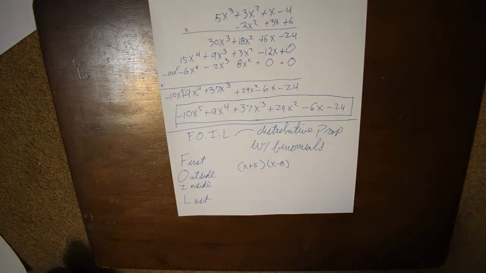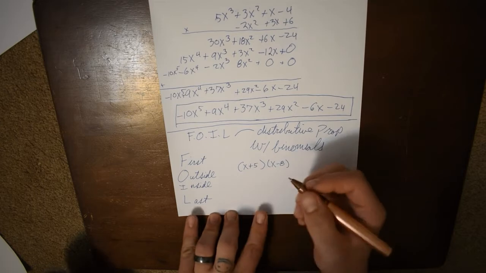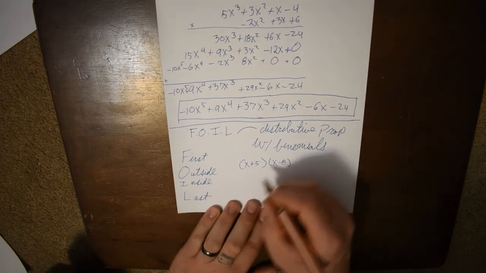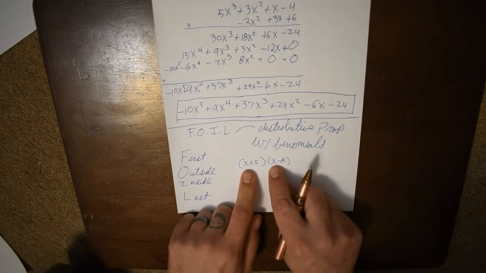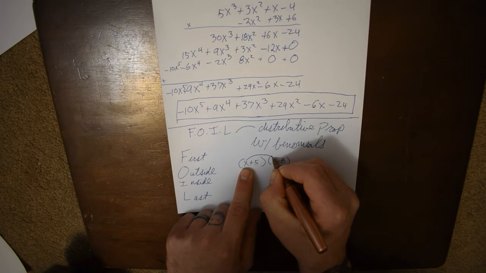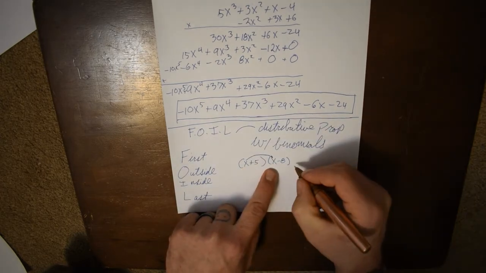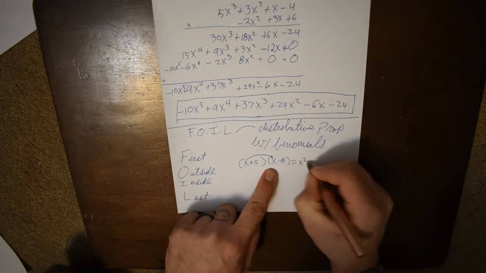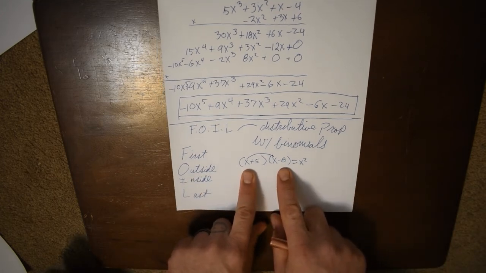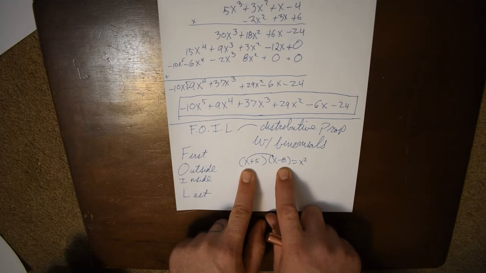What FOIL stands for is we want to multiply the terms that come first. So we'll take the first of the two. First, x times x is equal to an x squared. Then for outside, we're going to multiply the two terms on the outside together.